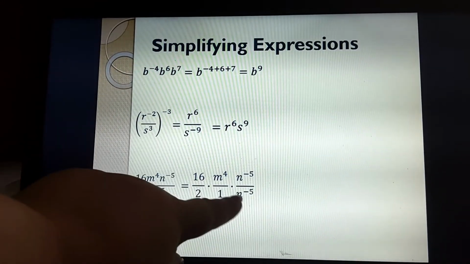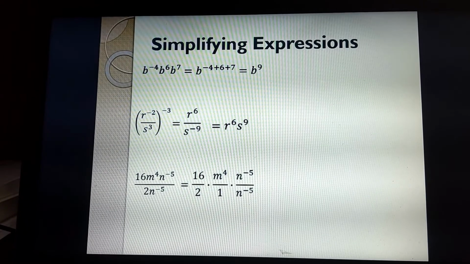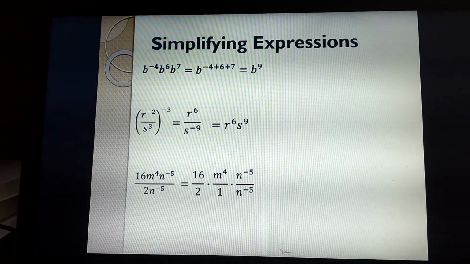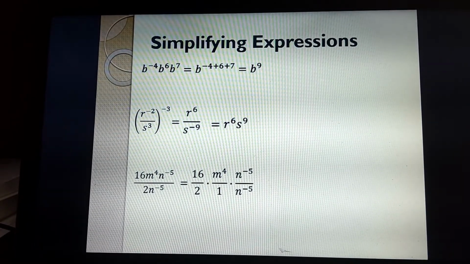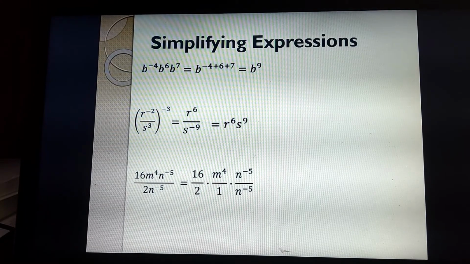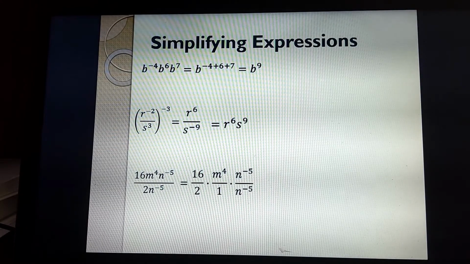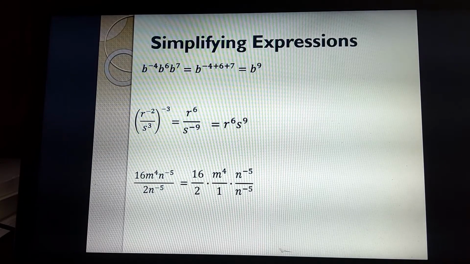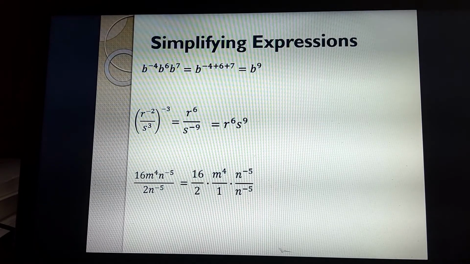Now, n to the -5 over n to the -5. There are 2 different ways to look at this. You have the same thing over top of each other. When you have 3 over 3, 10 over 10, that always equals 1, right?